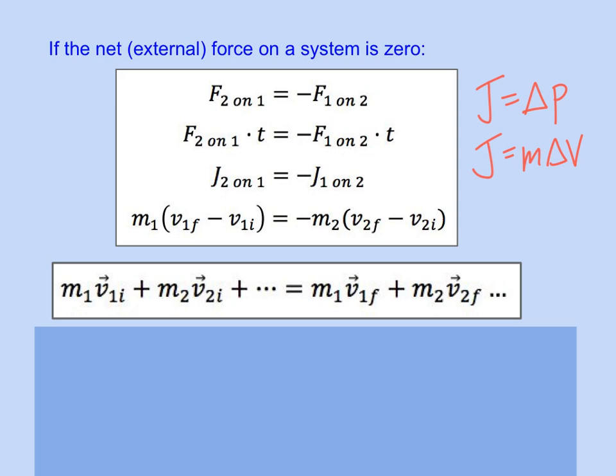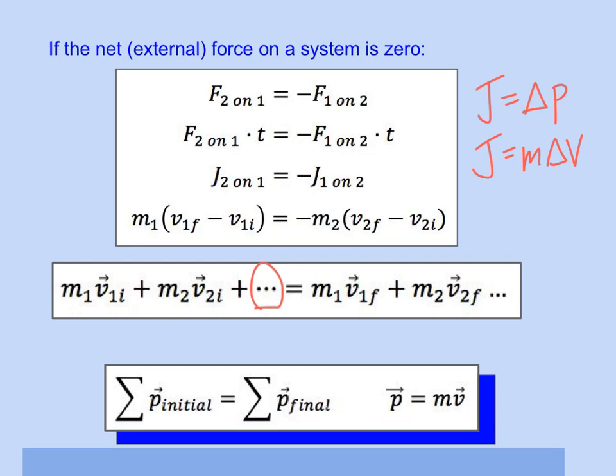You have to decide if left is negative and right is positive, and make sure you place those velocities into the equation correctly. I've also included some dots here. That just means that you can have 3, 4, 18, 162 objects, however many you want, and this idea of momentum conservation is still going to hold true.